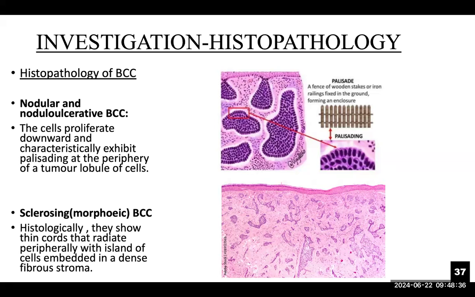When there's a malignant transformation, the cells proliferate downward into the dermis, then characteristically exhibit a palisading at the periphery of the tumor lobule, as shown in the diagram. They arrange themselves in clusters like a fence, forming circular lobules.